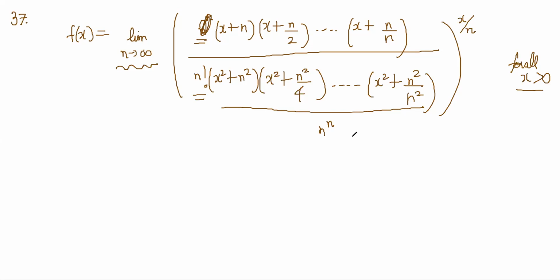Now each factor I can divide by n, right? Or actually I don't need to take it down. I can take n power n outside, right? Outside this is x power n. So n power x will come here.